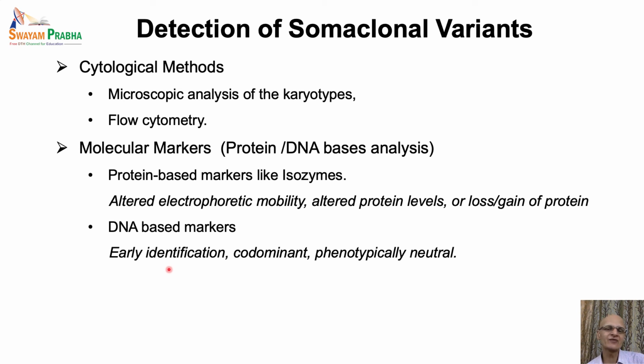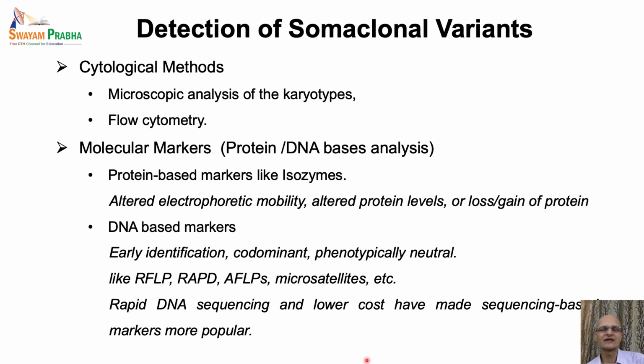The DNA can be extracted from any of the plant tissues and can be used for analysis. Further, many of these markers are codominant in nature and are phenotypically neutral. Therefore, these markers are very useful to study the variations.